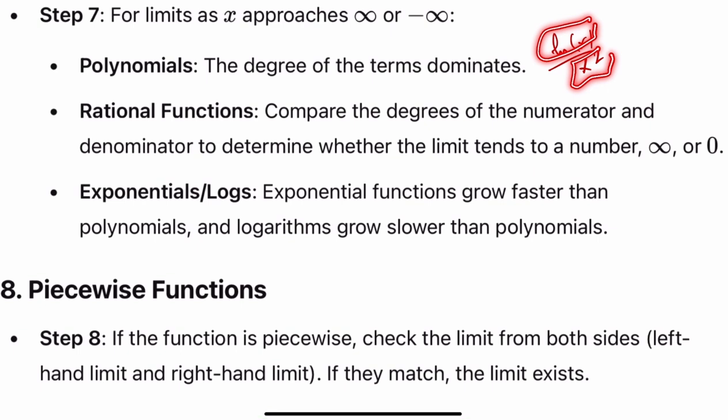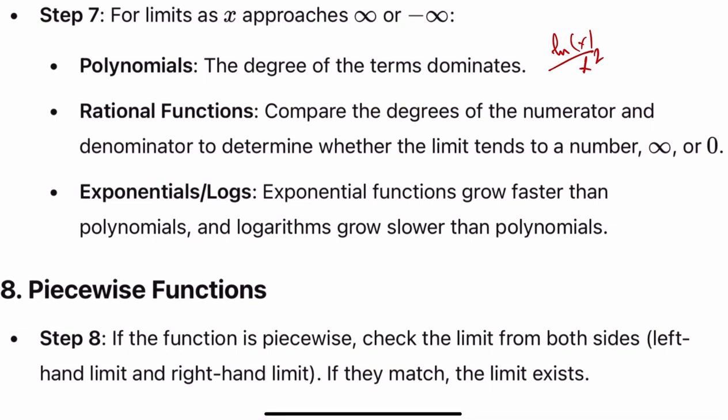So the polynomial function x squared will be dominant, so the limit when x goes to infinity will be 0. So you have something over infinity, which gives us 0. So you just ignore the log because it grows slower than the polynomial function.